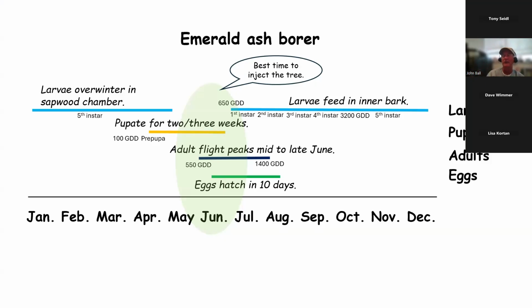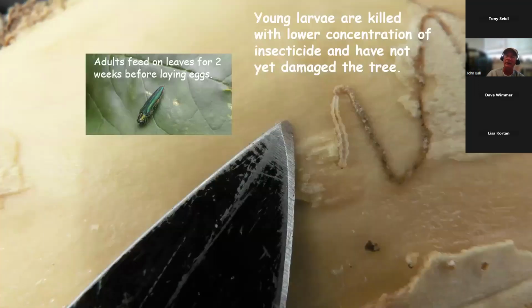And by getting the chemical in there, you're going to have a lot more bang for your buck, if you will. And the reason for that is the chemical's in now and gets up into the leaves. You'll kill mom before she lays eggs or before she lays a lot of eggs. Because remember, mom has to feed on leaves before she lays eggs. She's going to land on your tree, nibble on some foliage, and then lay eggs.